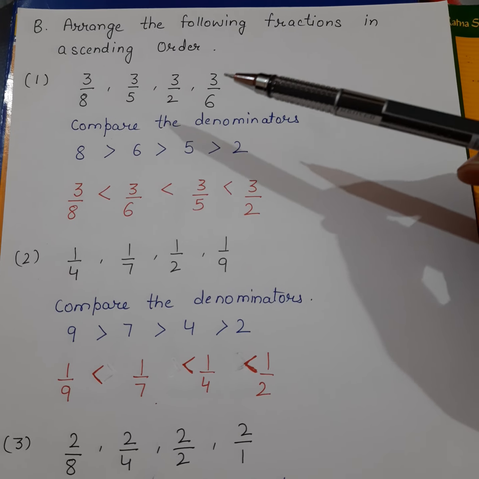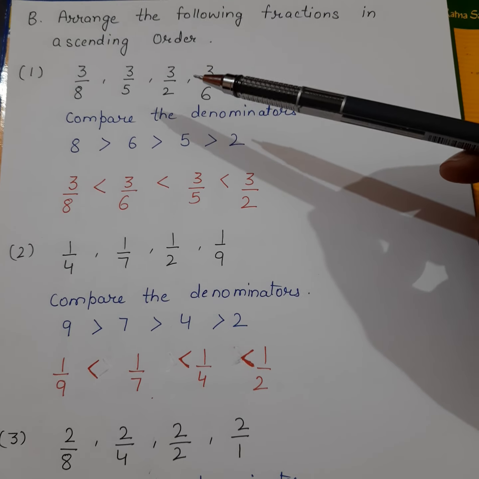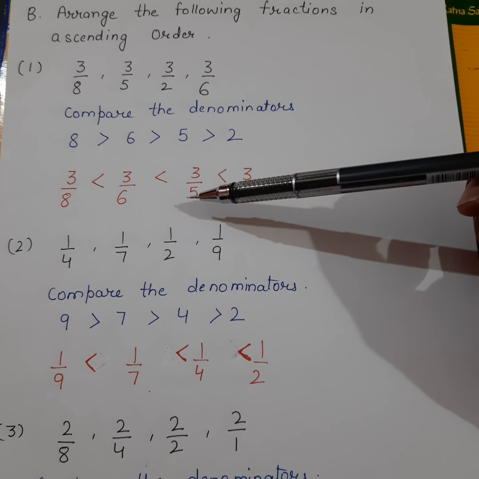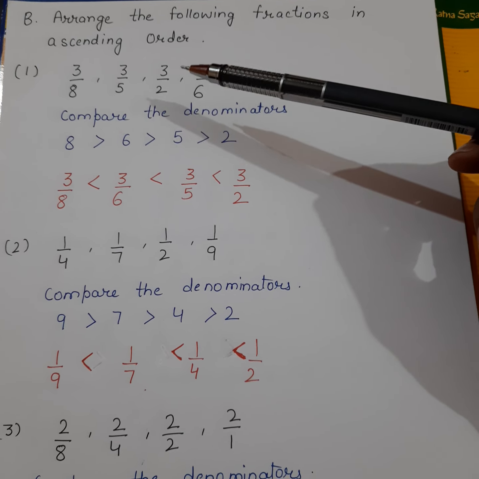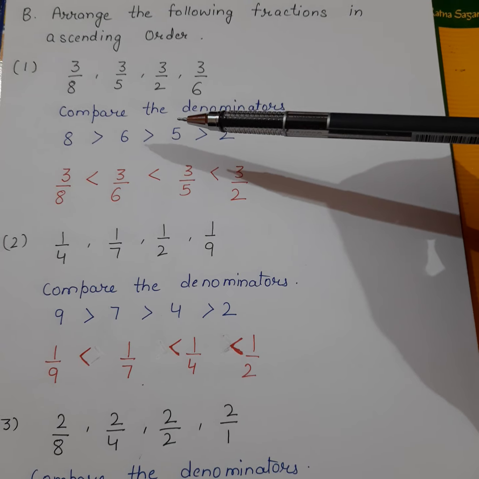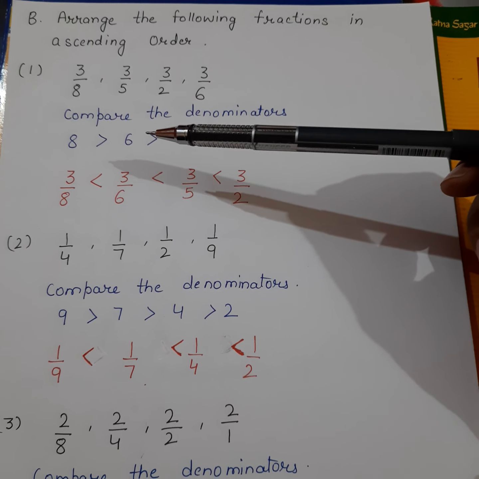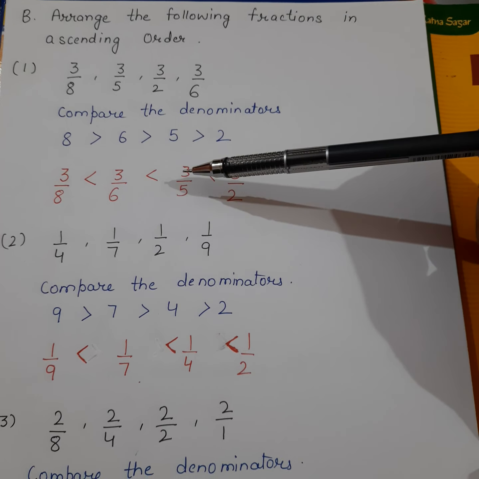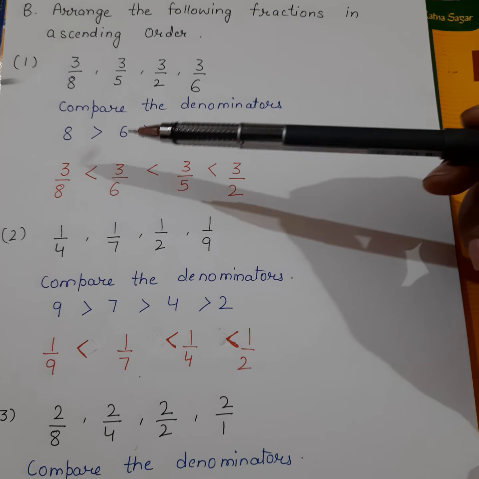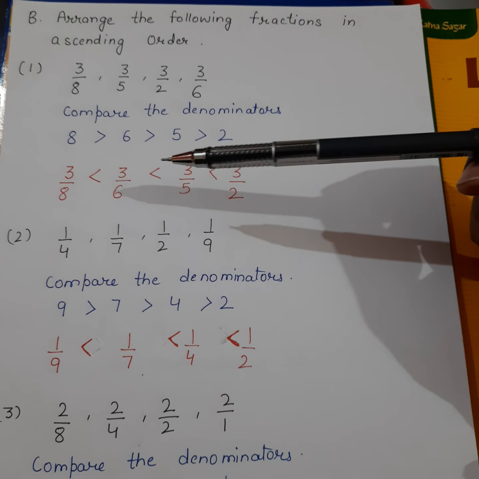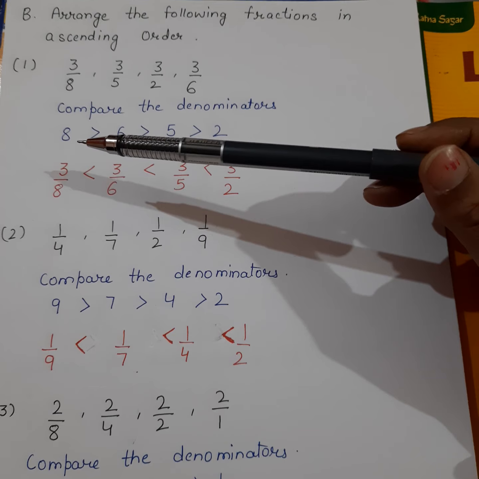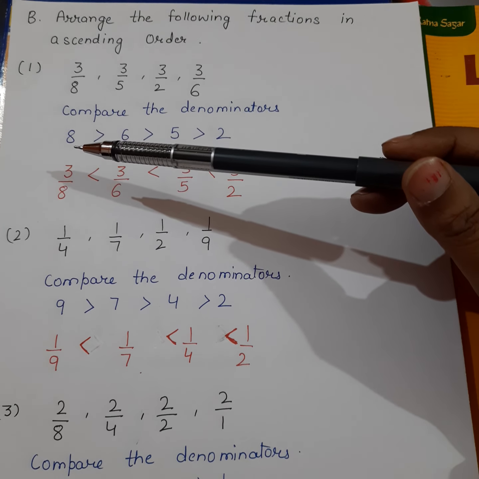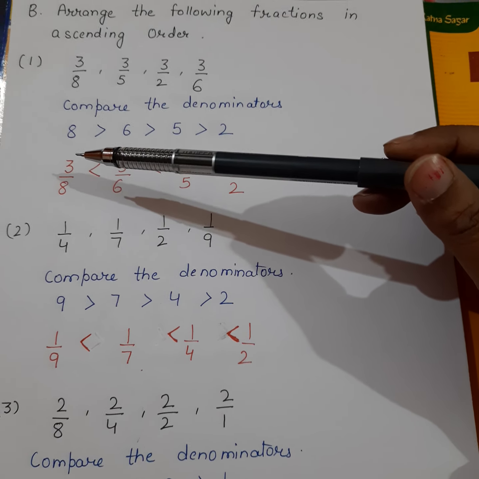Now question B. Arrange the following fractions in ascending order. Here the numerators are the same but the denominators are different. We will compare the denominators and arrange them from bigger to smaller, and you know the fraction with the bigger denominator is actually the smaller.